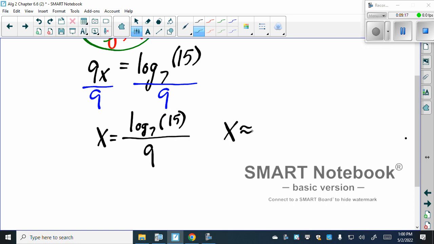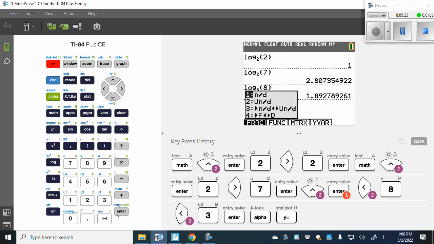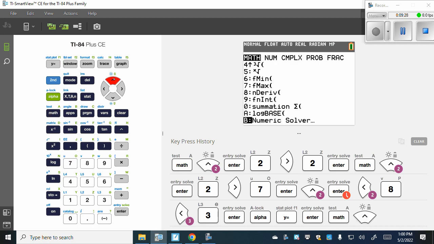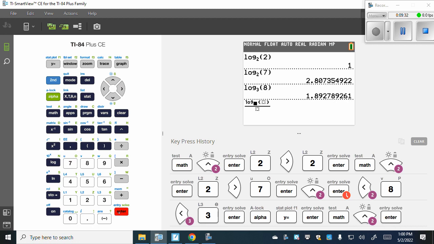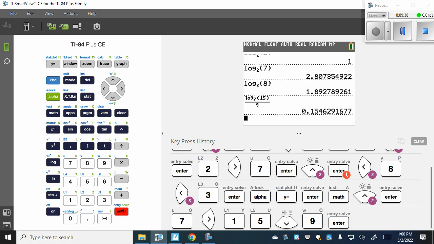And again, at this point here, we can plug this into the calculator. So we can go alpha y equals enter to get our fraction. Math, log base 7 of 15 divided by 9.